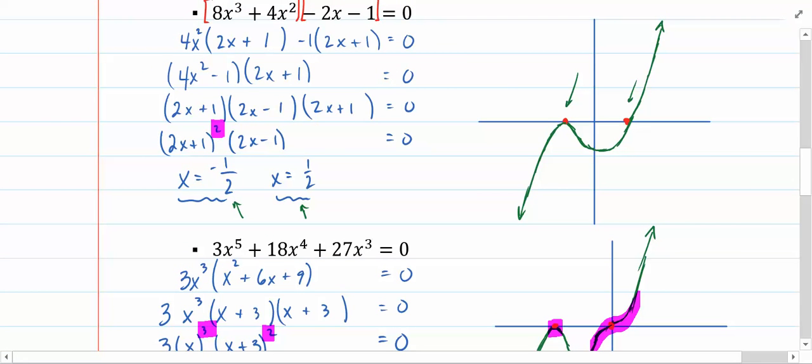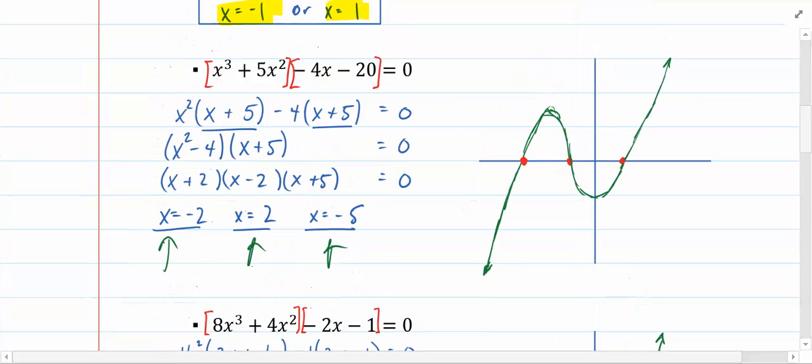In this example here, we had an even multiplicity at negative 1/2, and that produced an x value that made a zero in which we touched the x-axis. Whereas this, we didn't list it, but we had an odd multiplicity, power of 1. That's what allowed our graph to cross the x-axis.